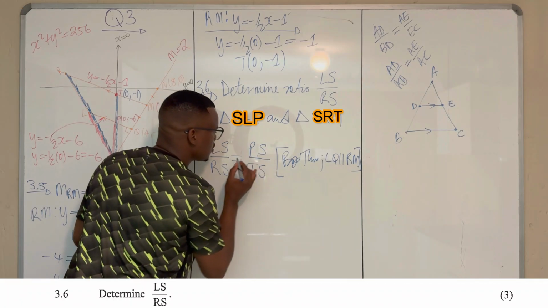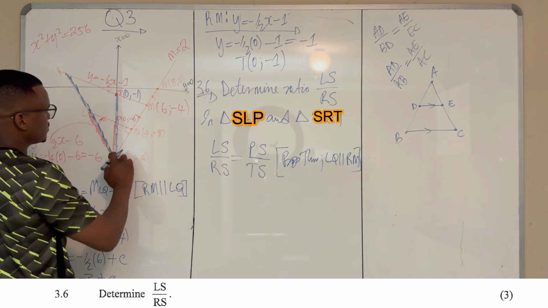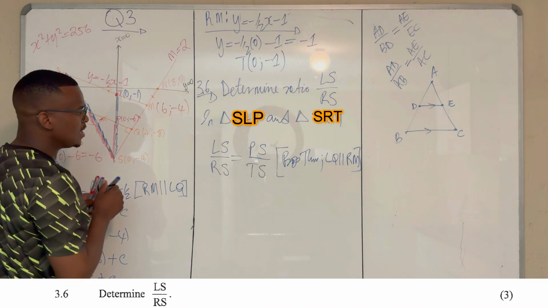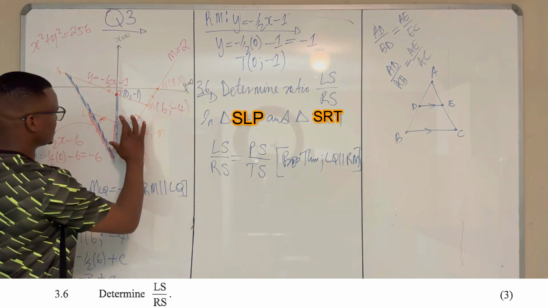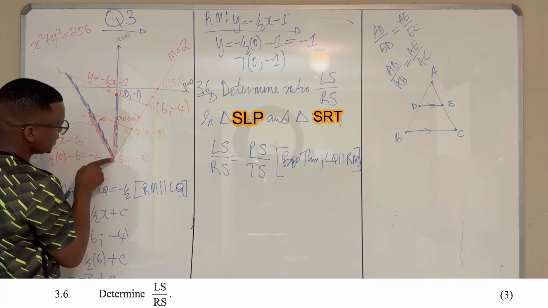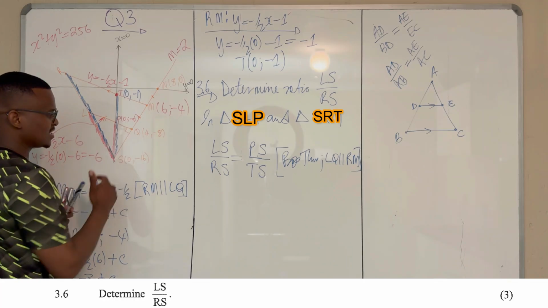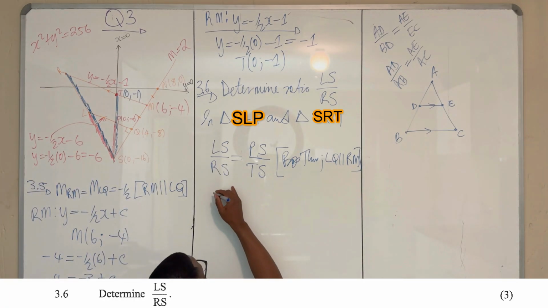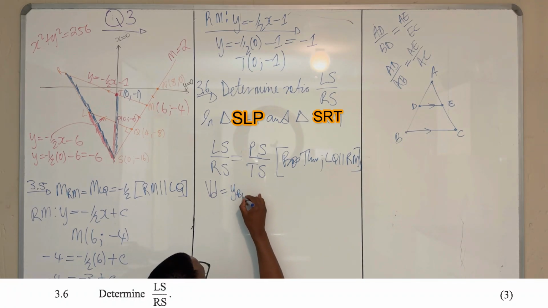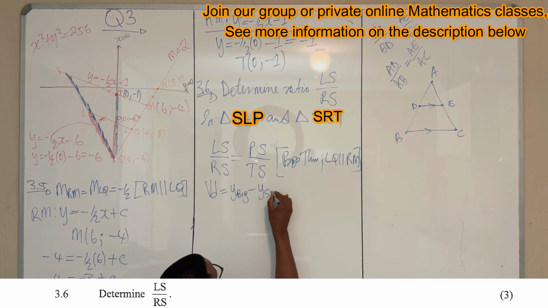It's PS over TS. So what is PS? PS is this distance over here, which is the distance from minus 16 to there. So it's a vertical distance. You know, if you want to find the vertical distance, it's a big Y value minus the small y value.